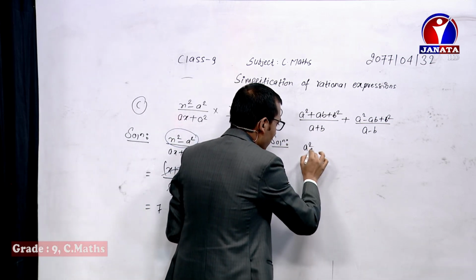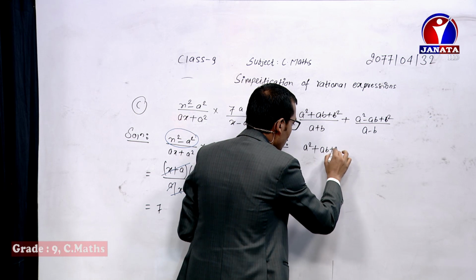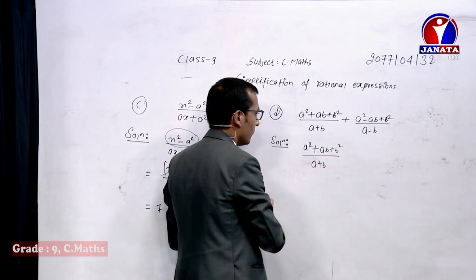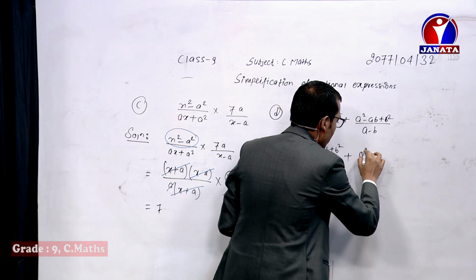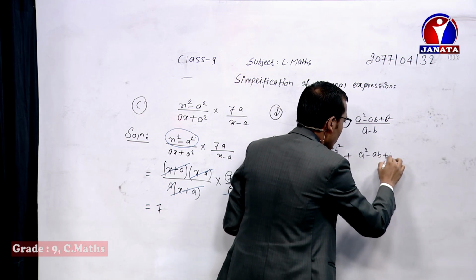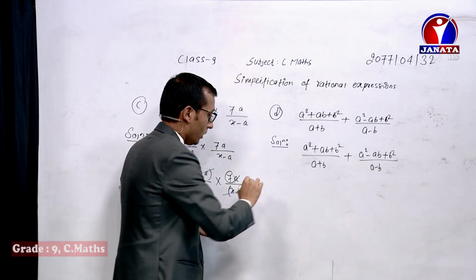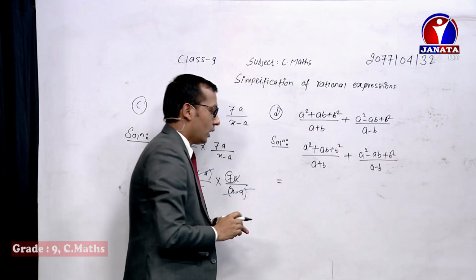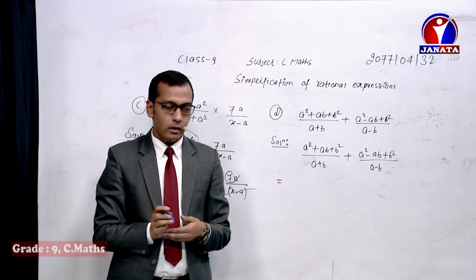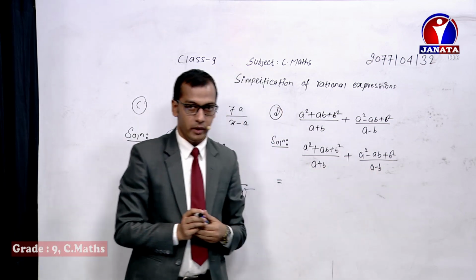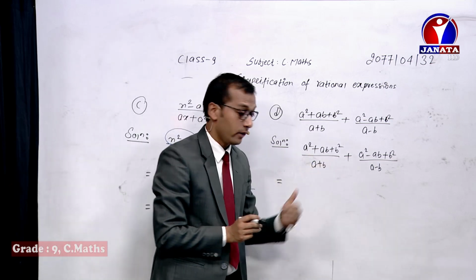Let me rewrite this. What are the denominators? A plus b, a minus b. So these two are different.